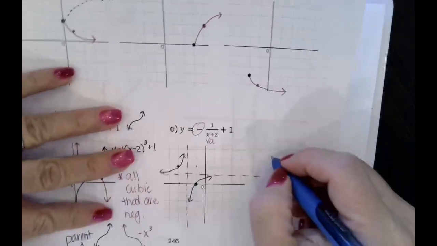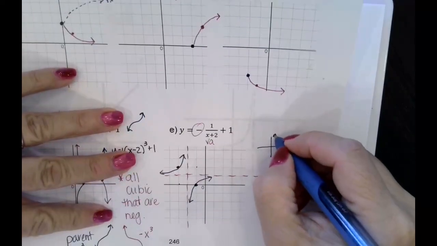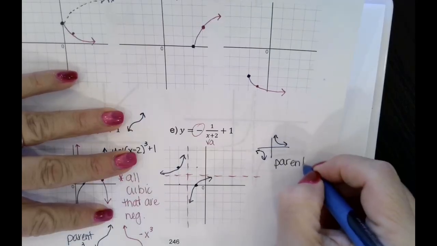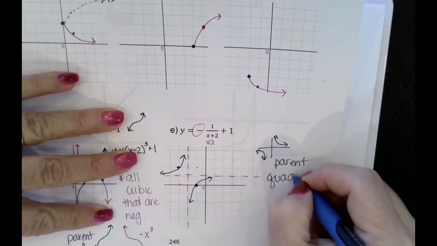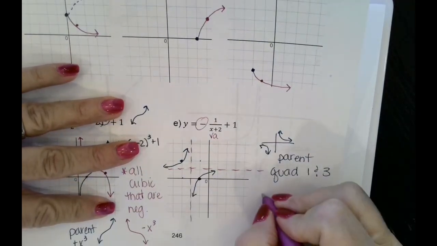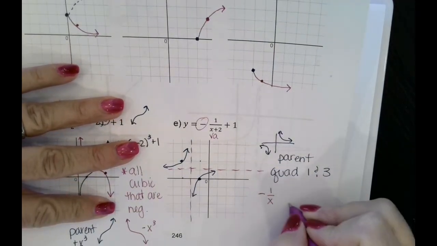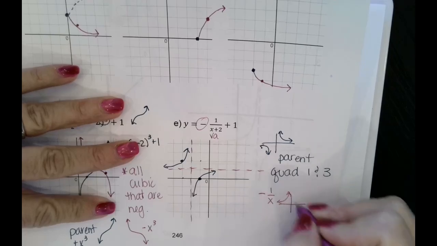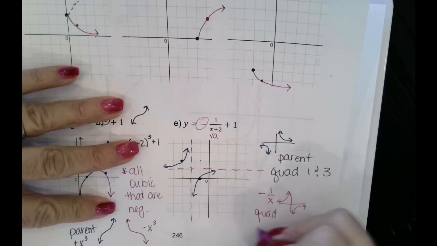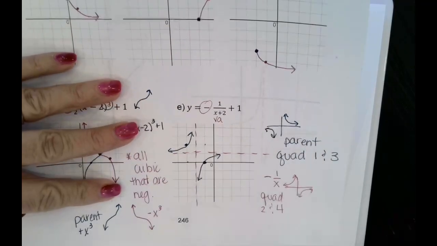So let me go over here and say my parent function is going to be in quadrants 1 and 3, and this is going to be a negative inverse function. A negative inverse function is going to be in quadrants 2 and 4.